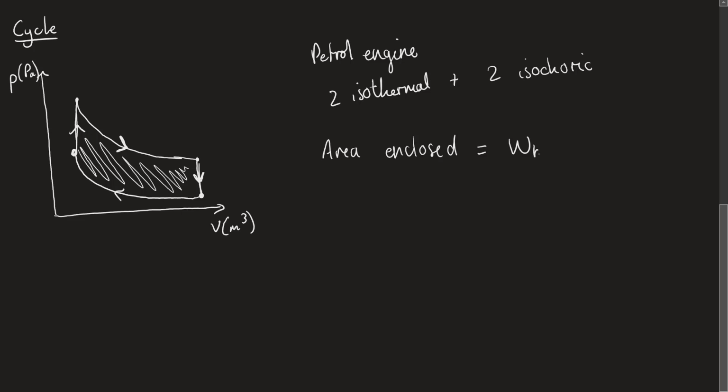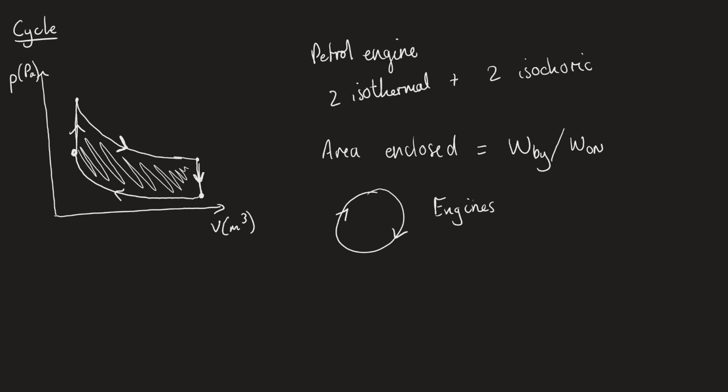Okay, so either work done by or work done on, so it does depend on the direction. We find that this is an engine, so when you have a clockwise cycle, you end up with engines. Now we know engines are doing work, so this means that work is being done by the system to let energy out of this. So engines have work done by the system.